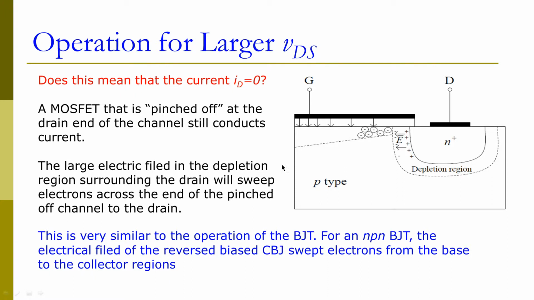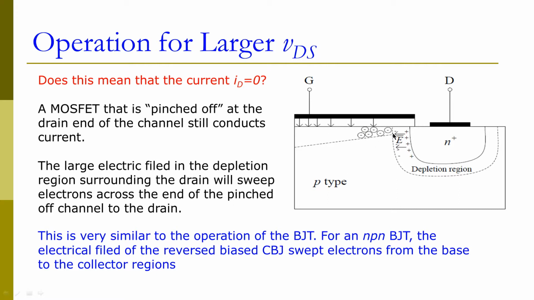So if we look at the drain side, we have a PN junction which is reverse biased. In this depletion region, we form a built-in potential, which has a positive charge close to the drain and a negative charge close to the region underneath the gate.